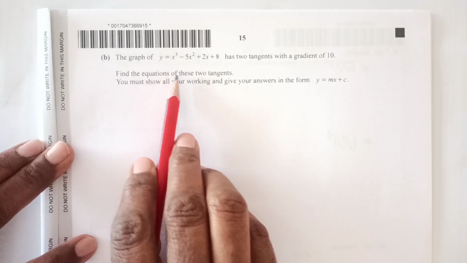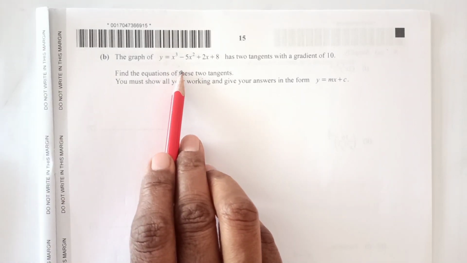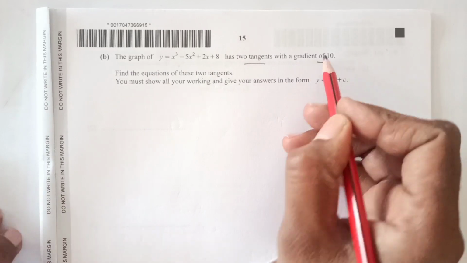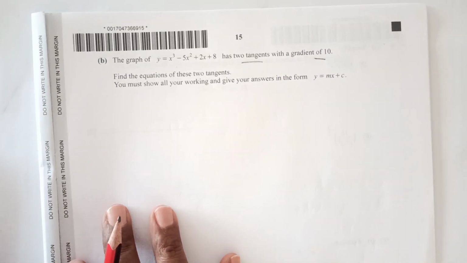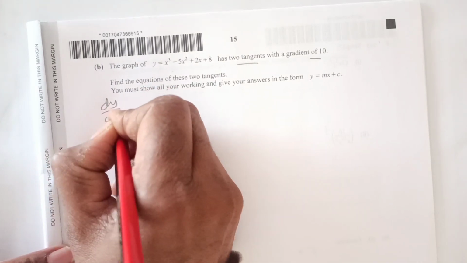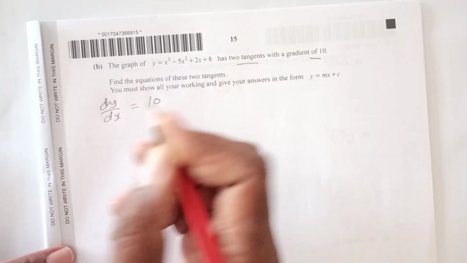The graph of y equals x cubed minus 5x squared plus 2x plus 8 has two tangents with the gradient 10. For the tangent we need differentiation. That means the first derivative dy over dx is 10, that is the gradient.